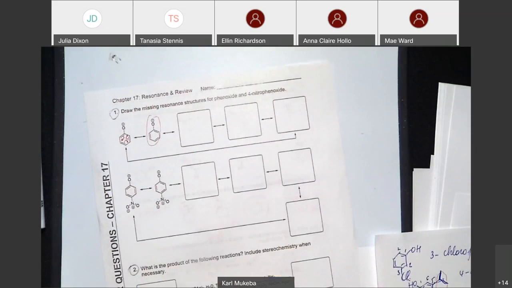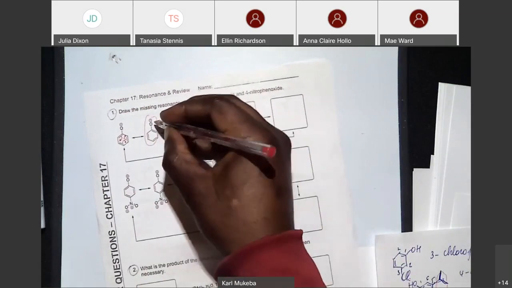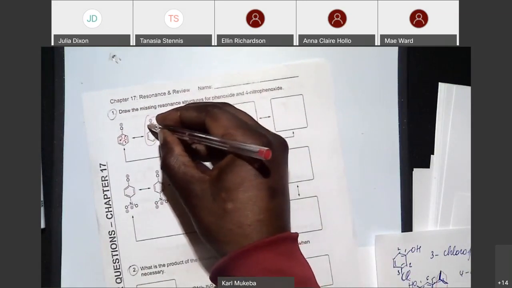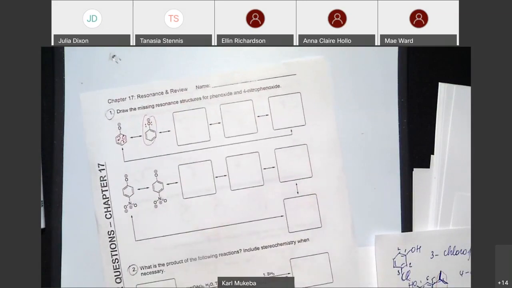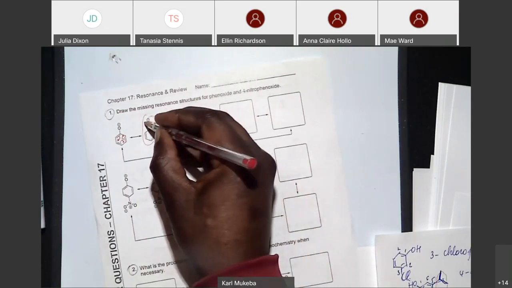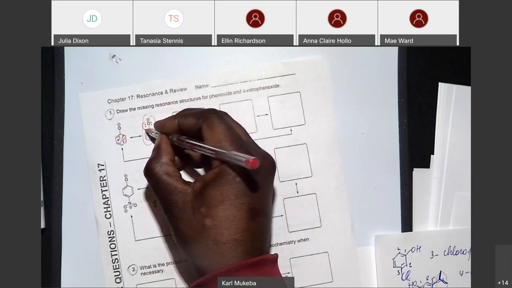How can you move around the electrons? That's the question you have to ask yourself. So let's put those electrons here. What if I move this one to here.